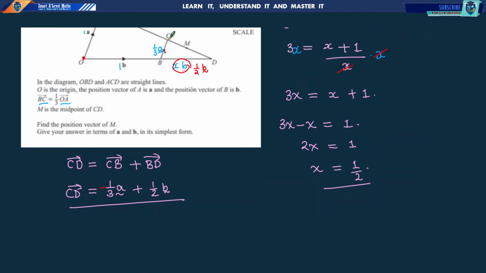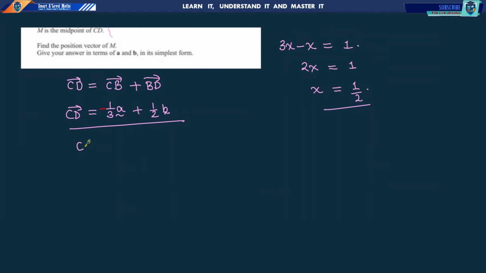CM is half of CD because M is the midpoint, from this statement here. So we're going to have CM vector as 1/2 of CD vector, therefore 1/2 of negative 1/3 vector A plus 1/2 of vector B.